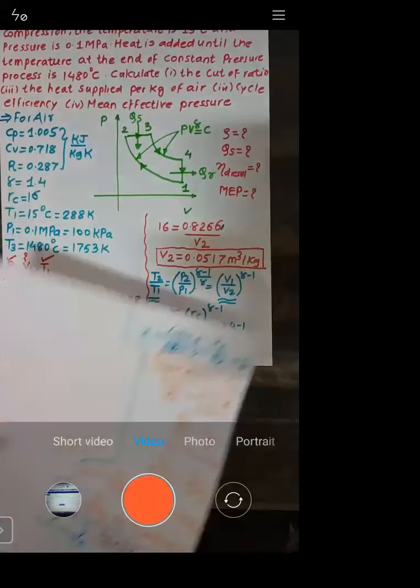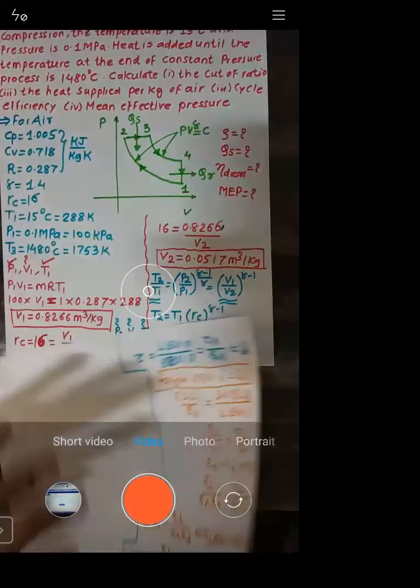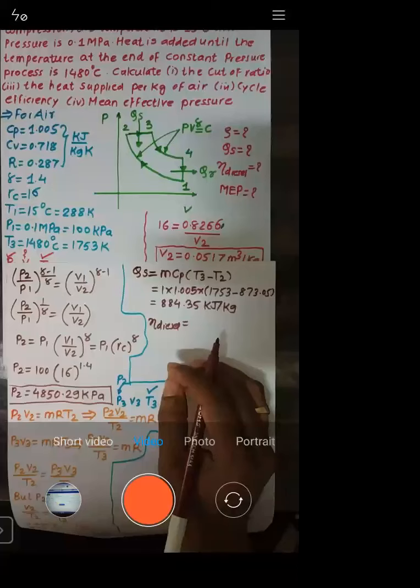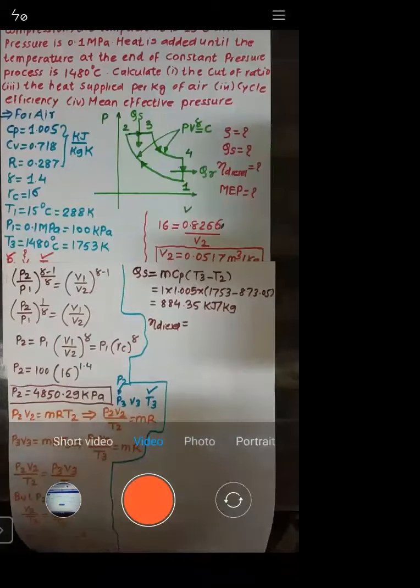If you can just recollect, what is the formula for the efficiency of the diesel cycle? Is anybody able to recall that formula?